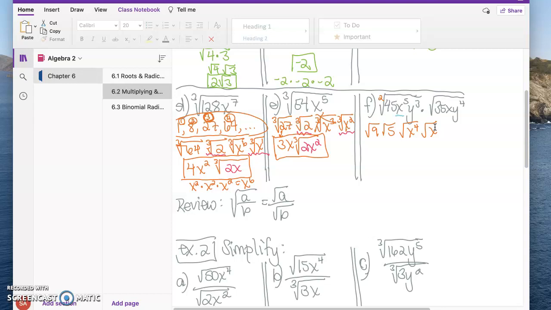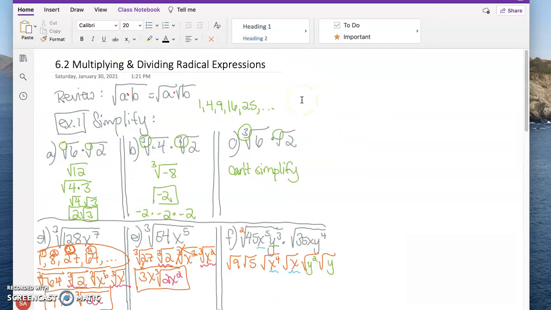The x to the 5th is going to become x to the 4th times x. The y to the 3rd is going to become y squared times y.